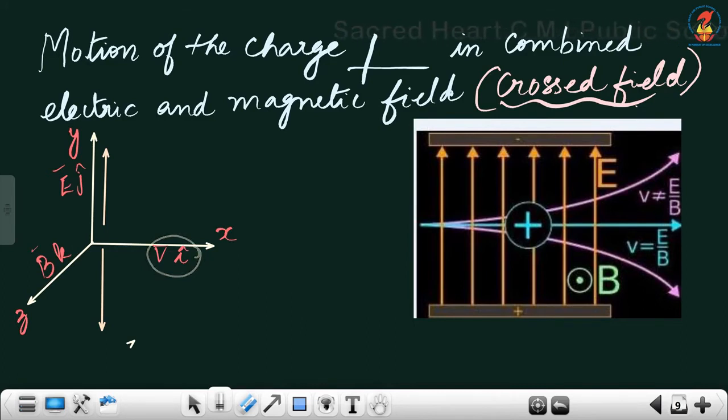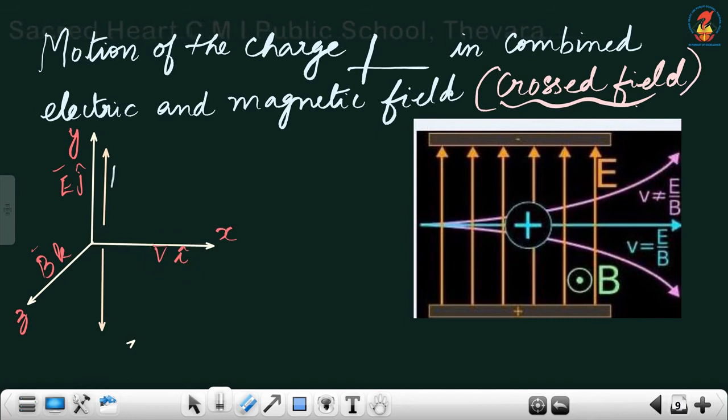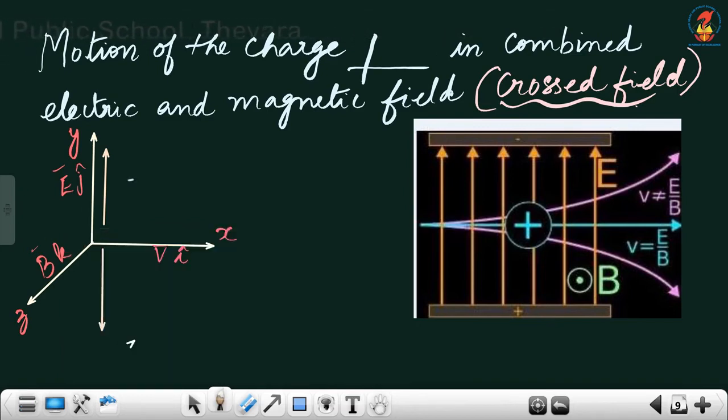In chapter 1 you have studied that when a charged particle moves in an external field, it experiences a force F equal to qE in the direction of the field, which means the force exerted by the external electric field on the charged particle will be along the y axis itself.